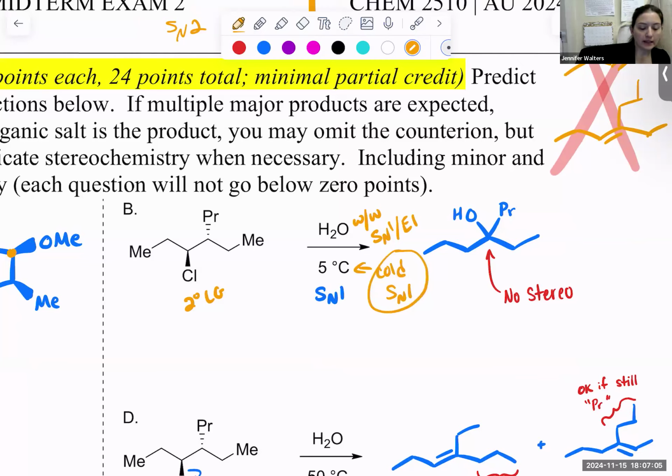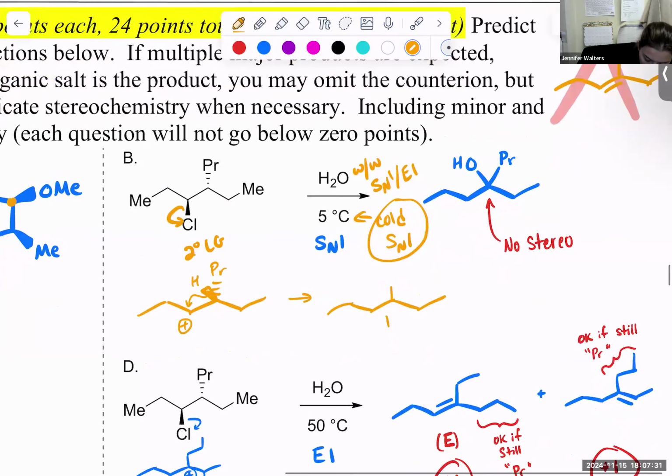So in SN1, leaving group leaves. You get your carbocation. You must make the most stable carbocation before anything else can happen. So because there is this tertiary hydrogen next door, you get the hydride shift. As soon as you make that carbocation, you destroy any stereochemistry that you had.